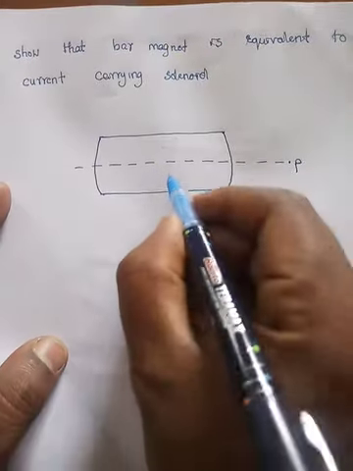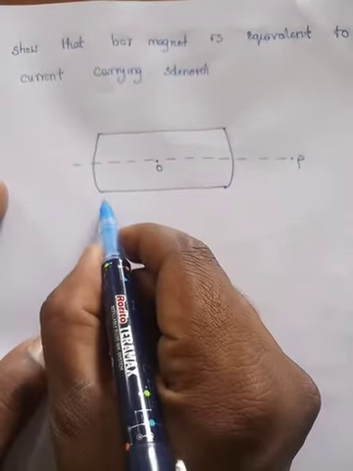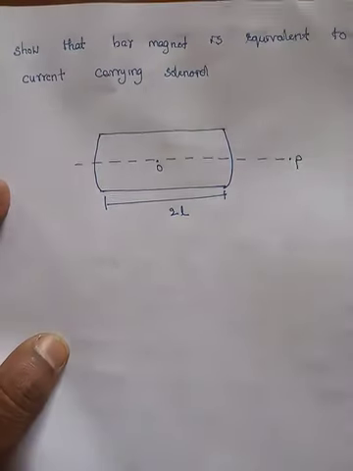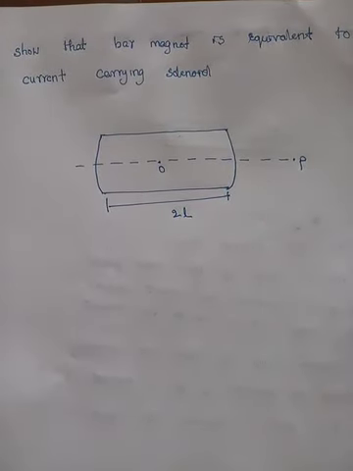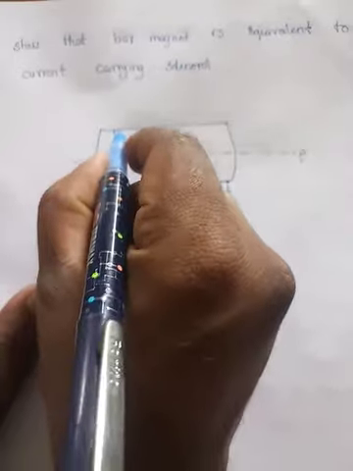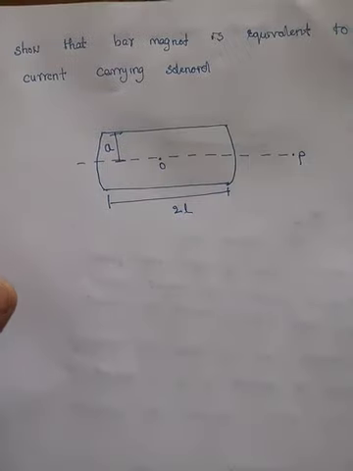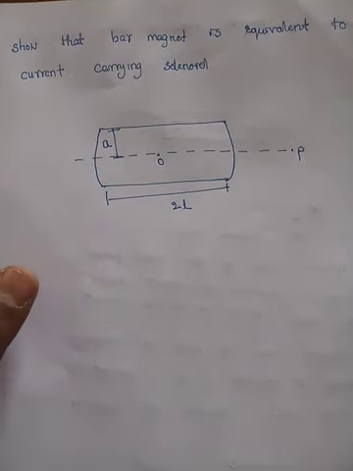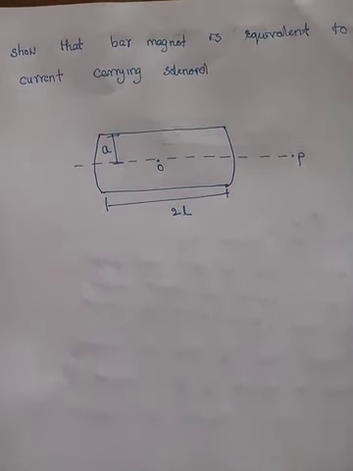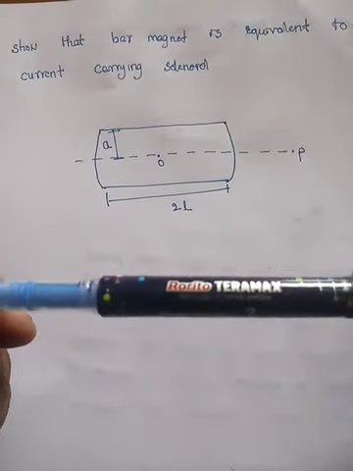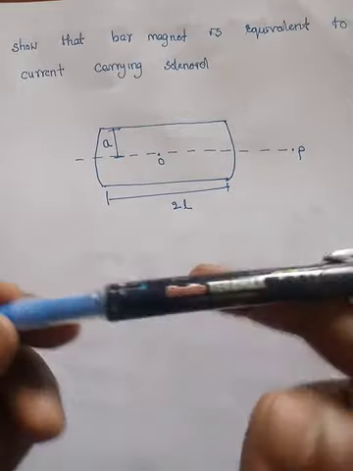This is point P and this is O. The length of the solenoid is 2L and the radius of this solenoid is A. Now, as we know what a solenoid is, on a wooden cylinder or insulating stand, we wound a number of turns.